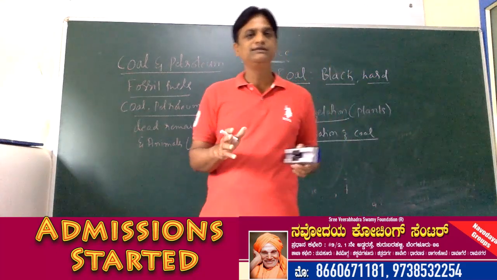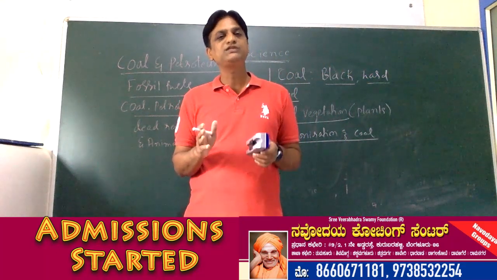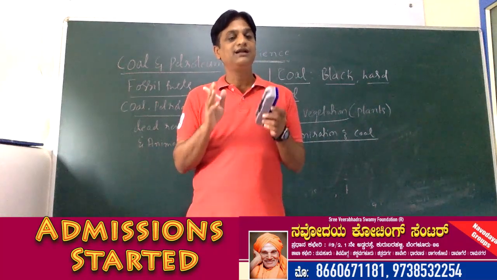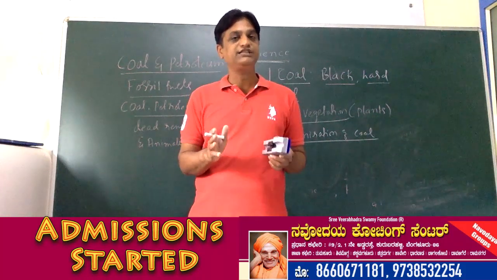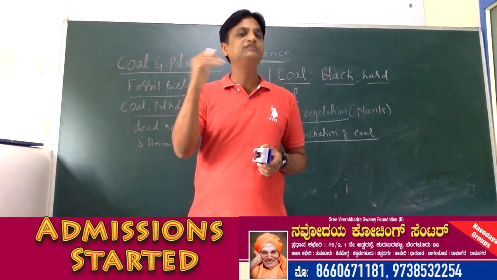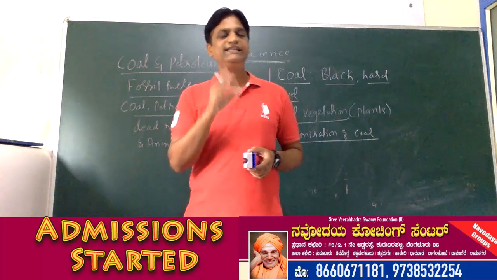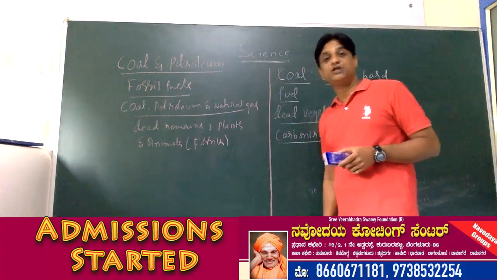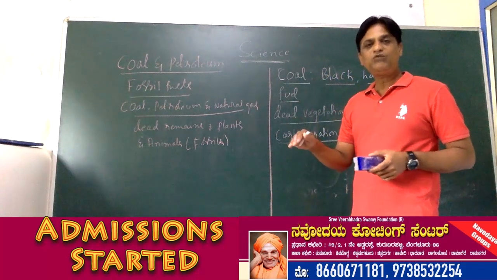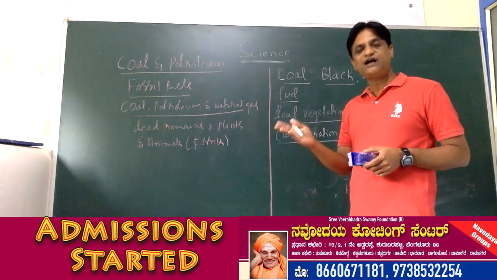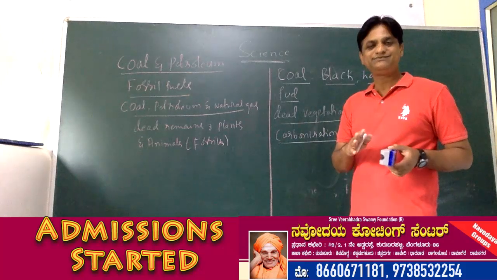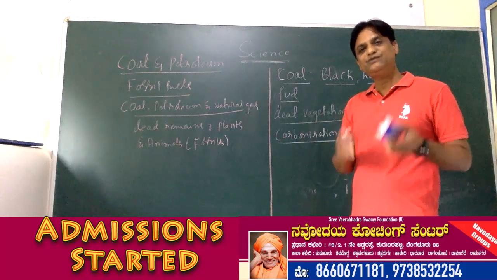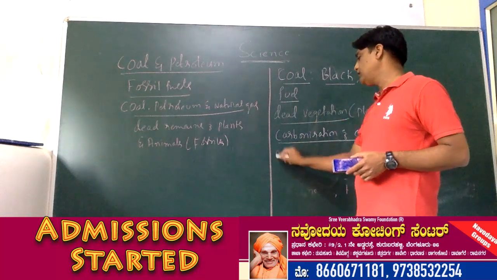Okay. So what is carbonization of coal? Carbonization of coal is nothing but the process of conversion of carbon content present in vegetation due to high temperature and pressure into coal. It is known as carbonization of coal. So during coal mining, the percentage of carbon in coal varies. Depending on that, we have four varieties of coal.